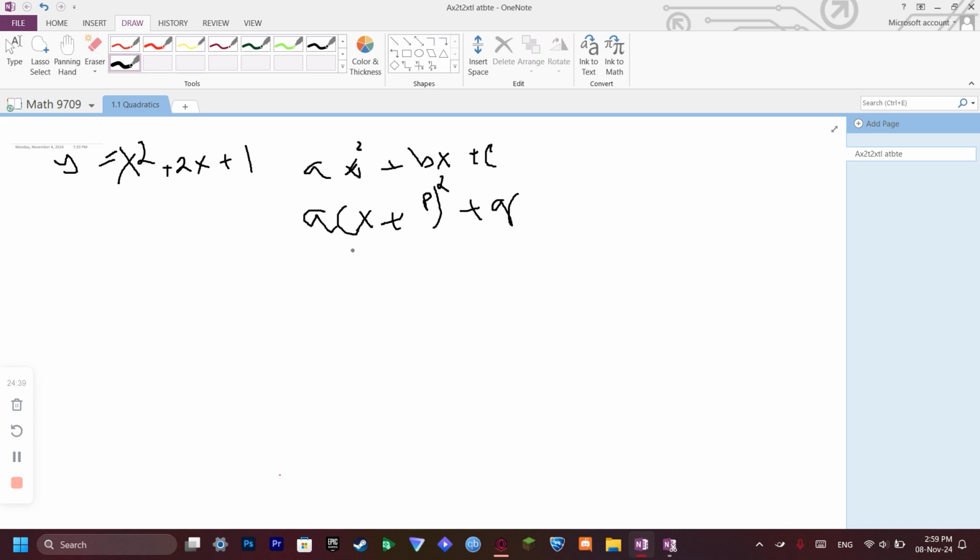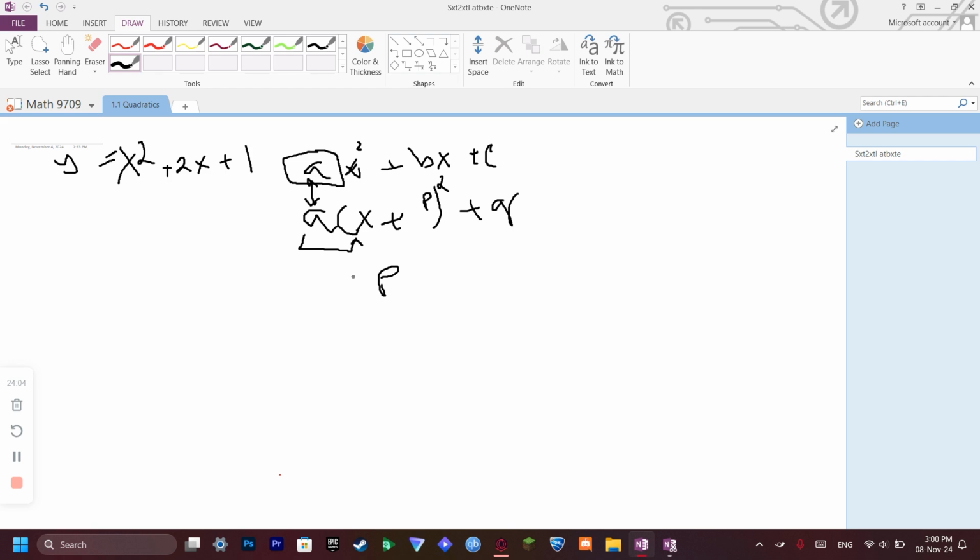Now, why is it that every single quadratic could be written this way? Let's think about it. a just controls the first number. So this a is the same as this a, because after you expand this it's just going to be x squared, so ax squared. So this controls the first number. And then p controls the second number. When you expand this, it's just going to be 2px, and then you multiply it by a.